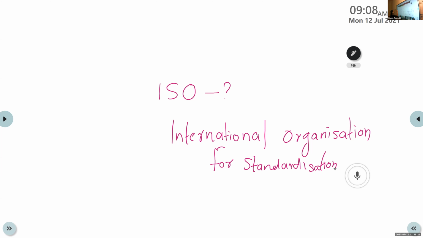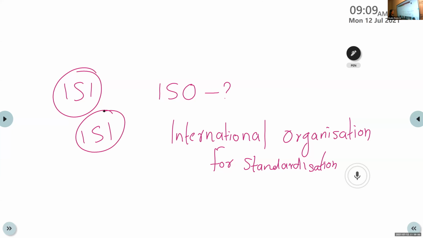Now what is ISI, Meghna? This portion is very important, try to learn. ISI: Indian Standards Institution. That's right, Meghna. ISO is International Organization for Standardization, and ISI is Indian Standards Institution.